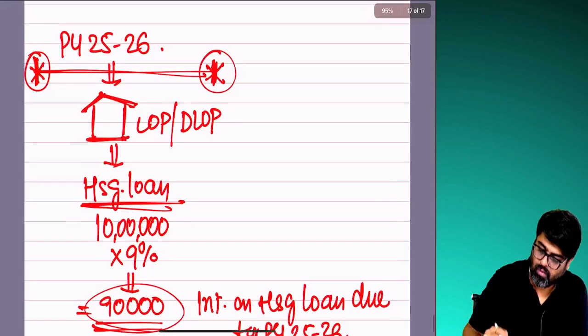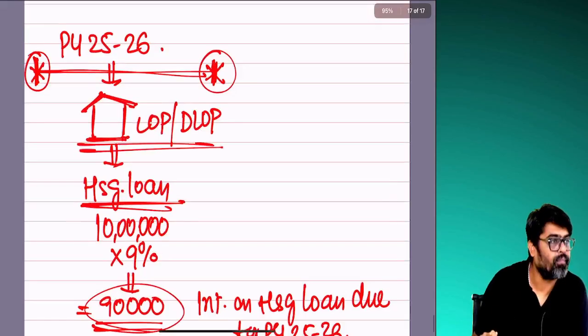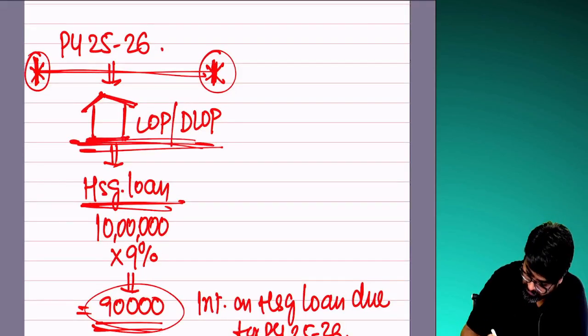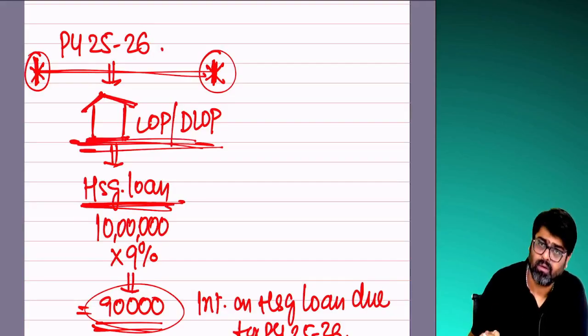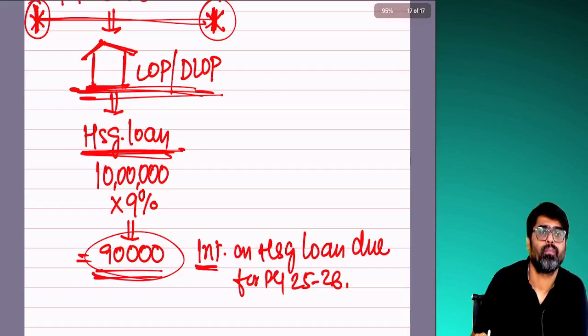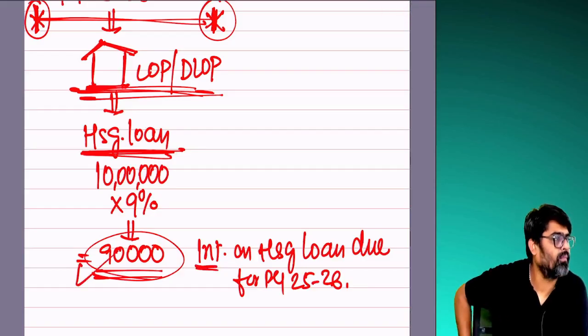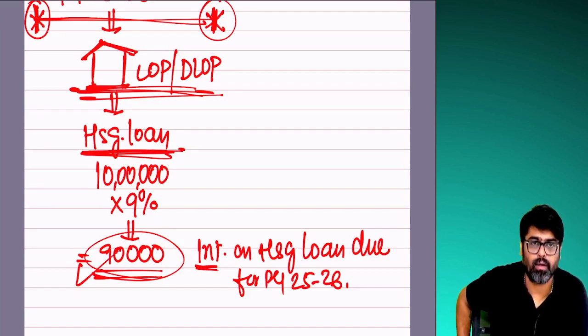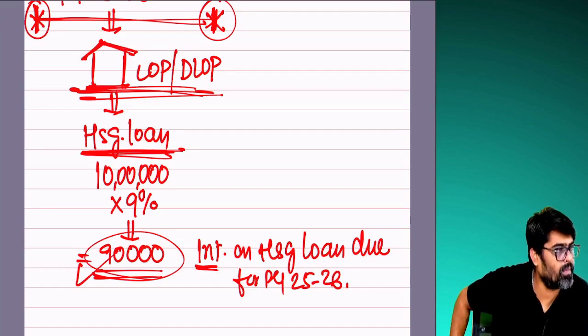Now tell me, what was the status of the property? For this property only the housing loan was taken, and on this housing loan, how much interest is becoming due? Fully allowed. No monetary limit. What did I say? No monetary limit. Fully allowed. Will you remember this?